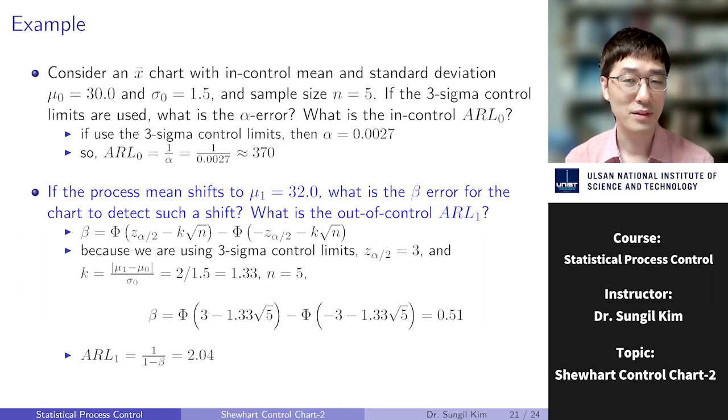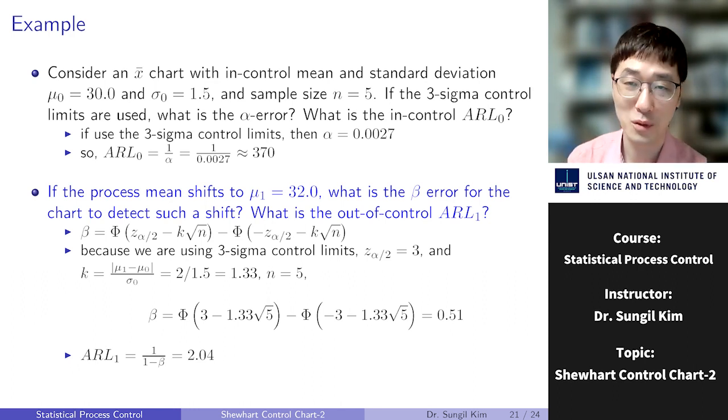Let's try to compute ARL0 and ARL1 with an example. Let's consider an X bar chart with in control mean and standard deviation, mu0 equal to 30 and sigma0 equal to 1.5, and sample size n equal to 5. If the 3 sigma control limits are used, then what is the alpha error? In the previous slide, we showed that the corresponding alpha error is 0.0027.